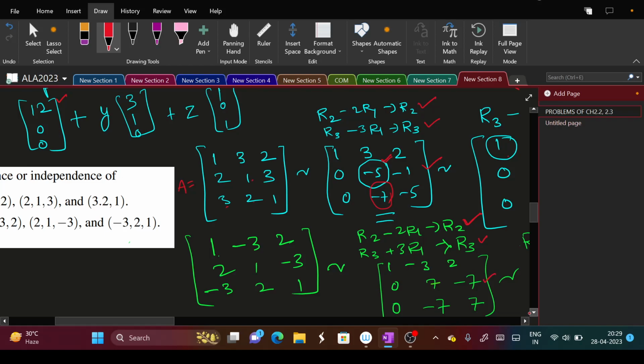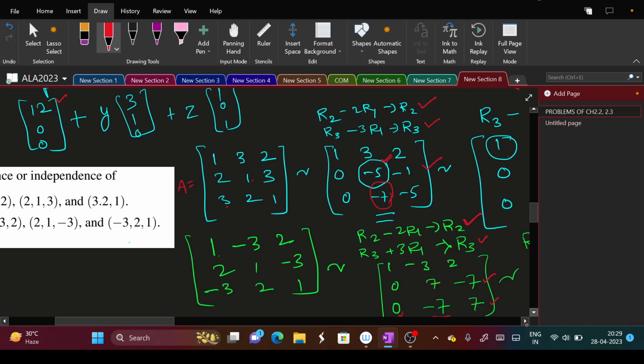Now the third row: minus 3 plus 3 is 0. Then 2 minus 9 is minus 7. Then 1 plus 6 is 7. So I got this matrix.